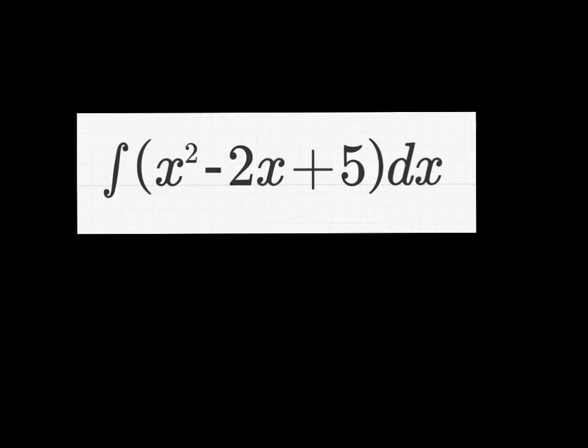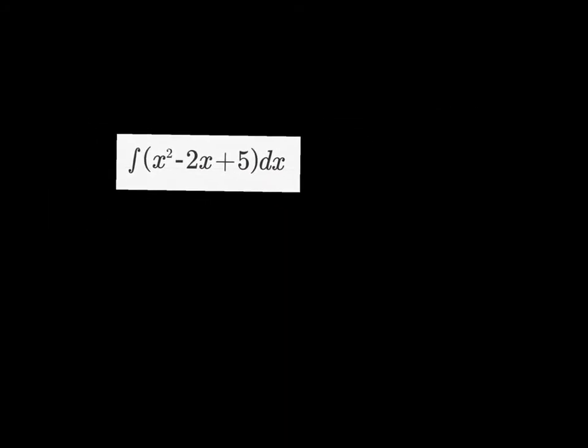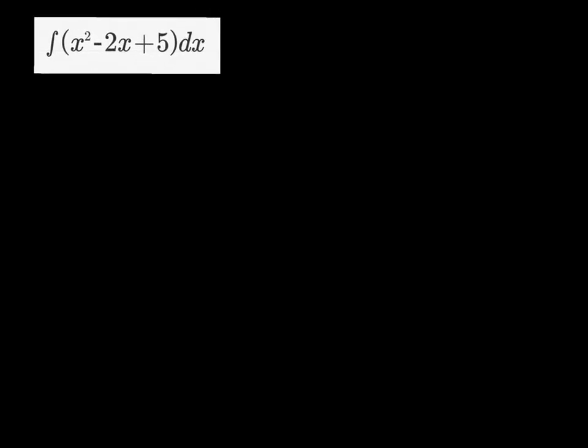Okay, let's solve an example of an integral. Let's say we have this function, which is the integral of x squared minus 2x plus 5 times dx. I'm going to start by writing the integral of the sum as the sum of the integrals.